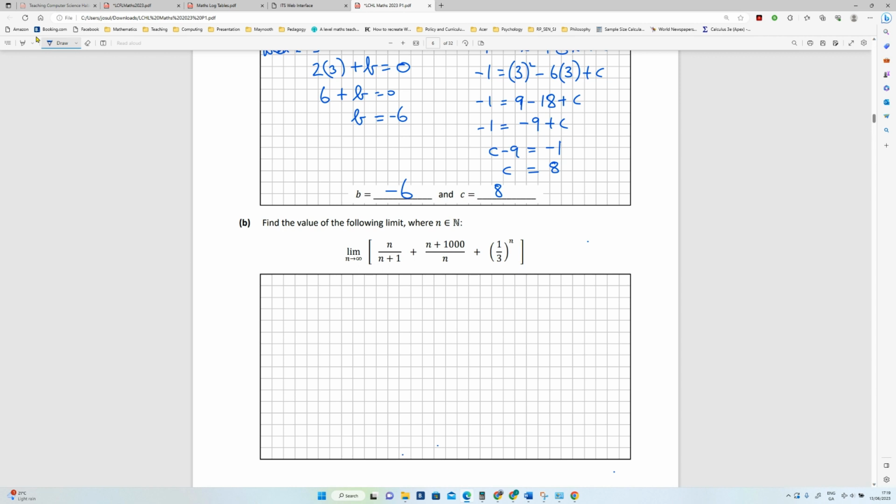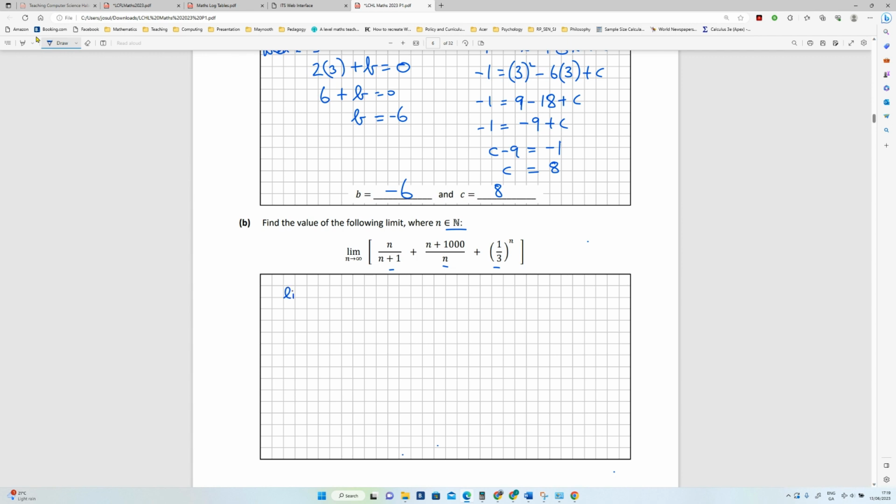Right, so for the second part, B, find the value of the following limit where n is a natural number. Okay, so the limit of the sum of these three pieces. Right, so the limit of the sum is the sum of the limits. So you just break this up and have three separate limits. So let's do that.